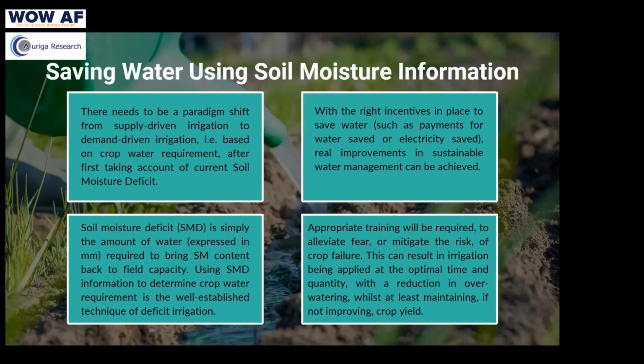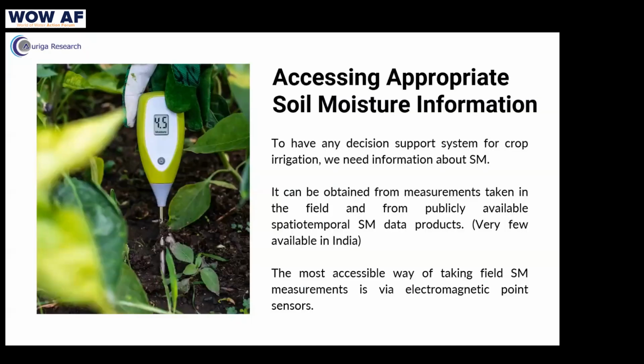So the soil moisture deficit is a very important parameter that needs to be captured. And today there are several ways in which it is being captured and disseminated. So the best practice is to access the appropriate soil moisture information and have decision support to say whether you need to switch on your pump or not, to irrigate or not to irrigate.